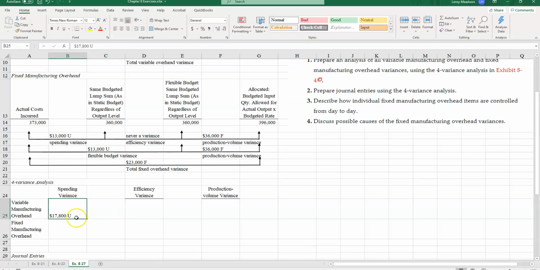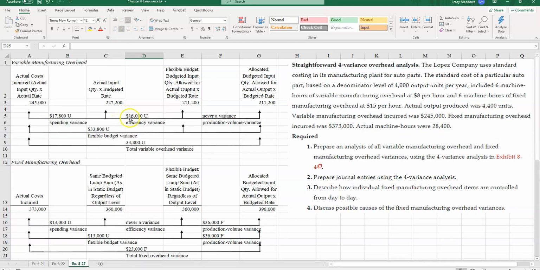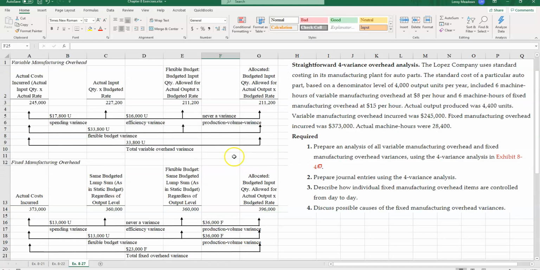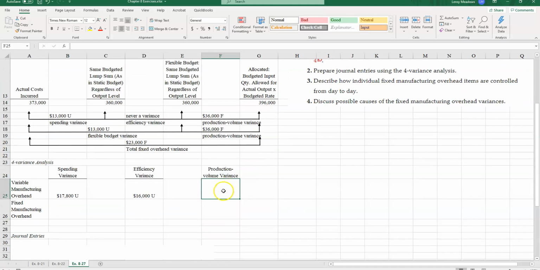And what was my efficiency variance we calculated up there? 16,000 unfavorable. And production volume variance, there's never a production volume variance with variable overhead. Never a variance.